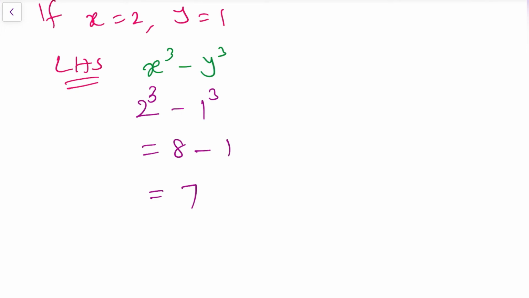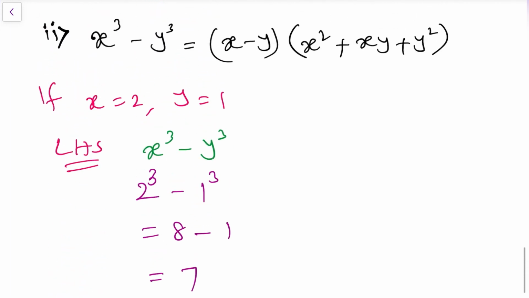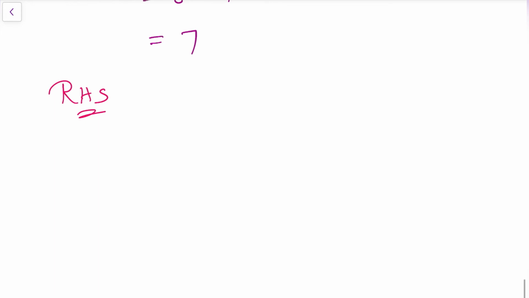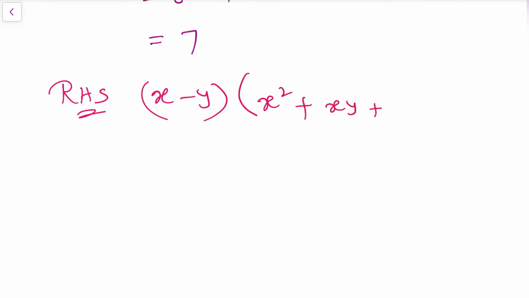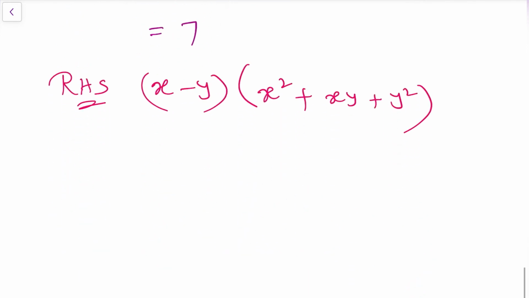Next, let us check the RHS. Here in the RHS we have x minus y into x square plus xy plus y square. The same numbers which we took in the previous class, I am going to substitute here also. x is 2 and y is 1.